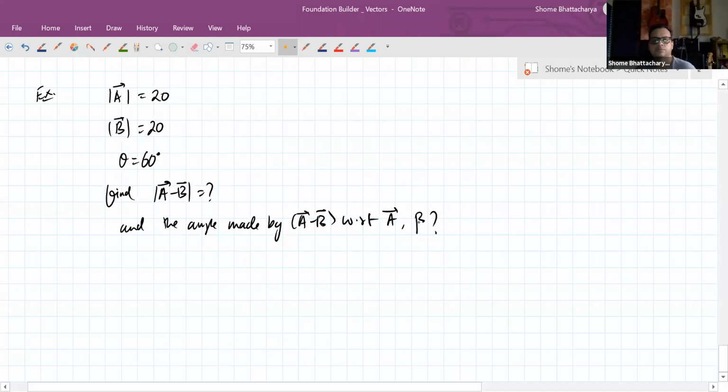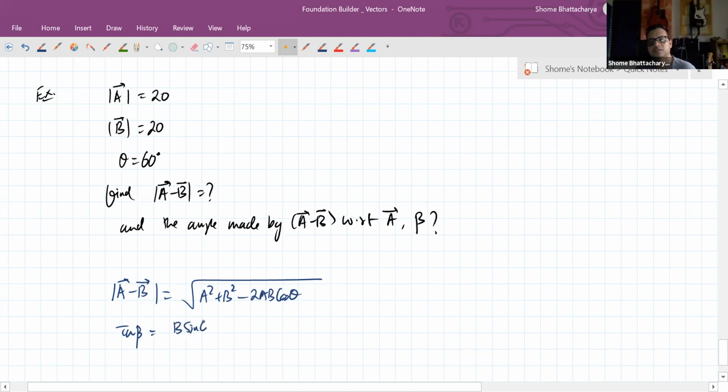beta or whatever. So what we'll do is we'll just use the formula over here. Mod of A minus B is root of a square plus b square minus 2ab cos theta, and tan beta is b sin theta upon a minus b cos theta.